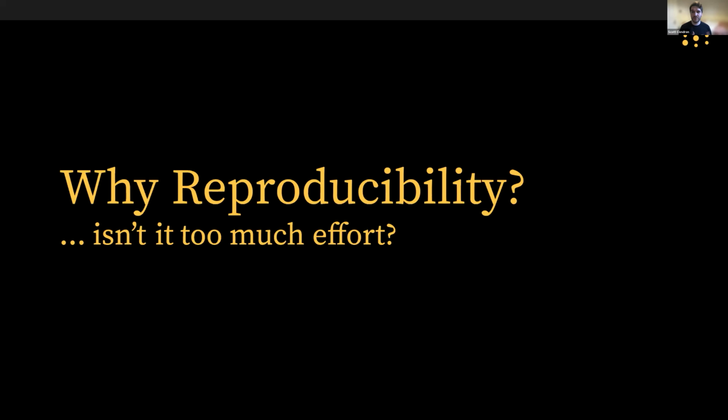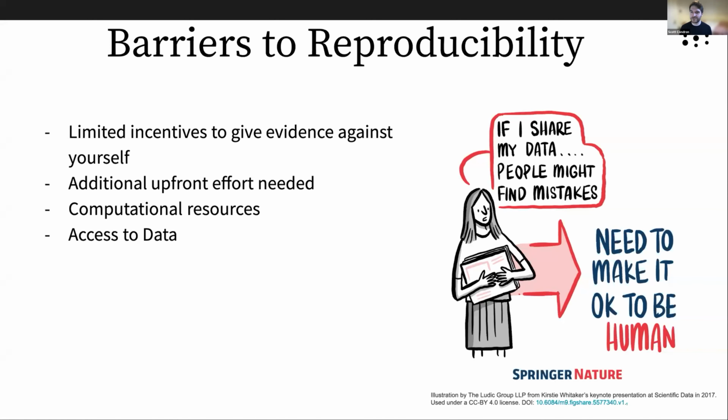Why do I need to have my code run? It ran once, please leave me alone. But hopefully after I give you some of the quick wins, you'll be a little bit more motivated to make that next move. But I acknowledge there are barriers to reproducibility that are worth acknowledging.